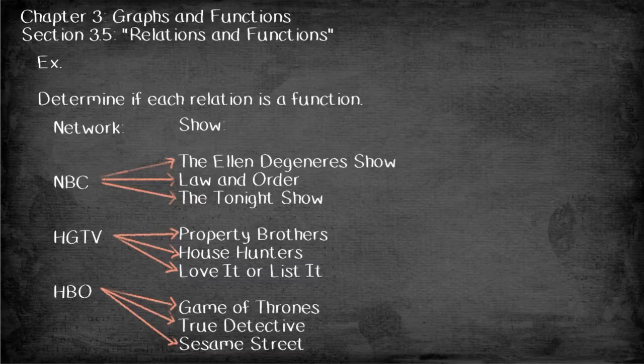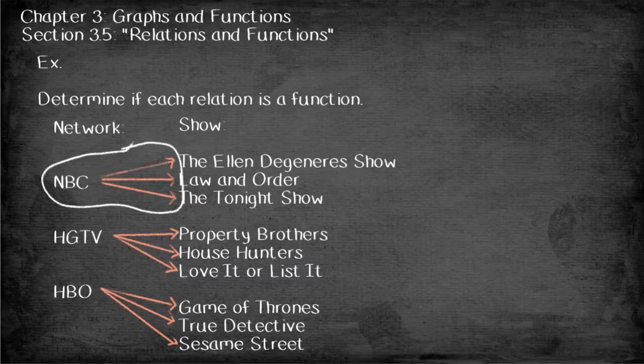So here's an example. We want to determine if this relation here is a function. To NBC, I am assigning 3 shows, namely these are 3 shows that appear on the network. And the same to HGTV: Property Brothers, House Hunters, Love It or List It. And for HBO as well: Game of Thrones, True Detective, and Sesame Street. So the question is, is this a function?